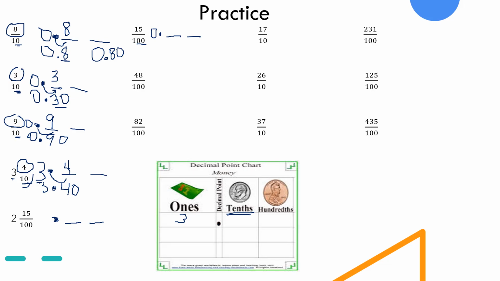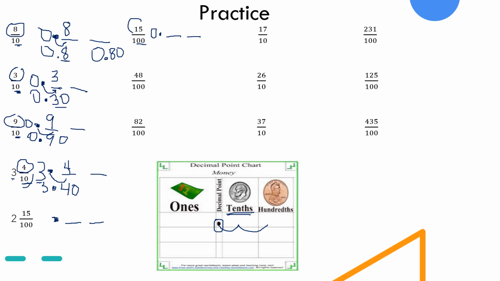So I'm going to erase this so we can see that better. Alright, so my decimal point is here. This time I'm moving 2 places because I have 2 zeros, and I'm trying to get to the hundredths place. How far away is the hundredths place from the decimal point? 1, 2. Which is why we look at the zeros to help us remember where to go.